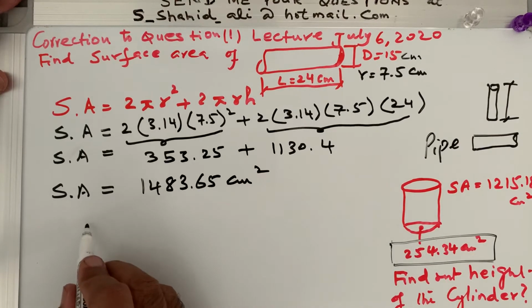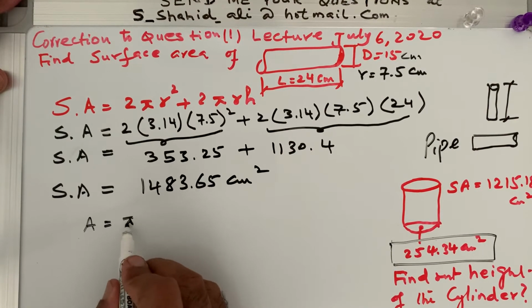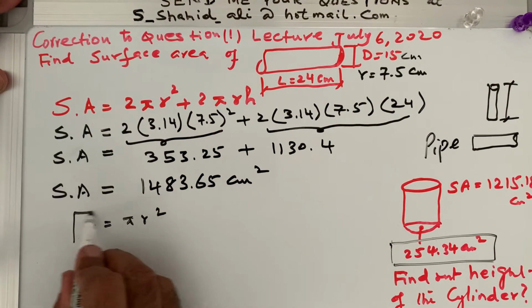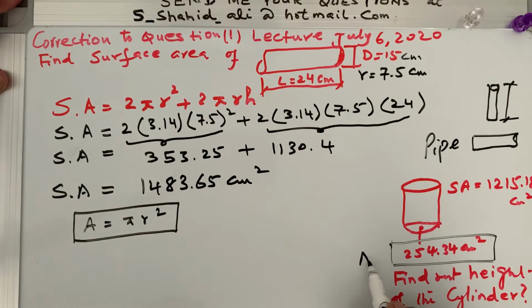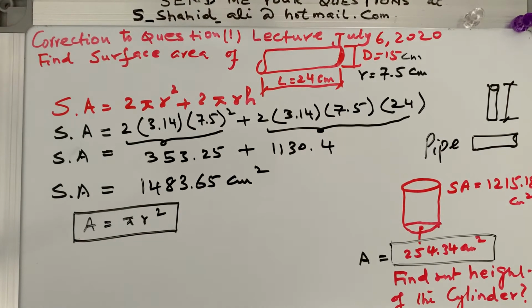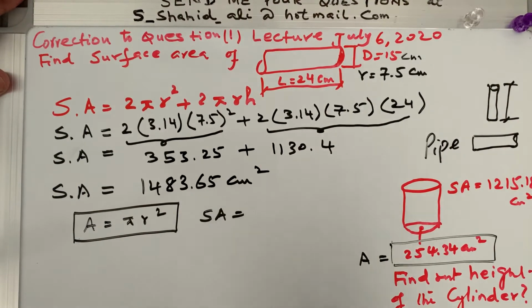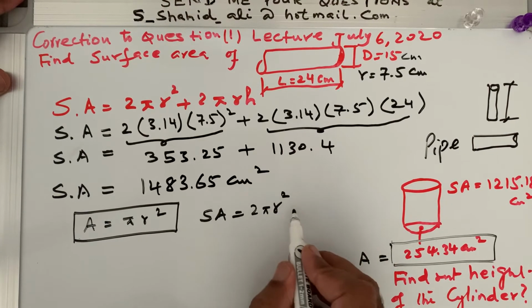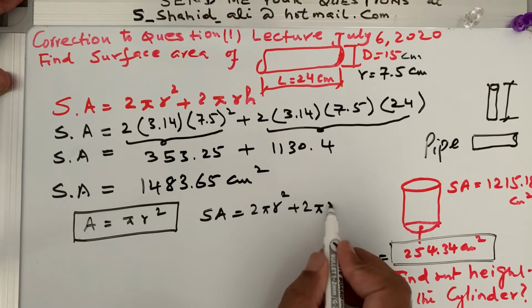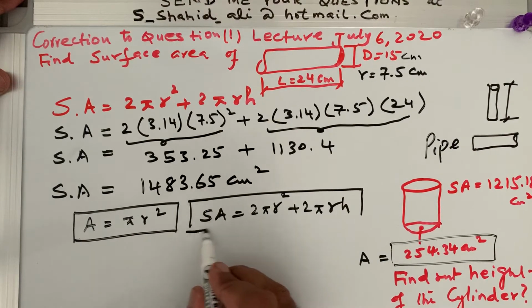That means this is the area of the circle, and the area of the circle is pi r square, right? So we can use this formula, area is equal to pi r square, because area is given. This is the area of the circular bottom part of the cylinder, and then we can use the surface area formula to get the height of the cylinder, which is 2 pi r square plus 2 pi r h.